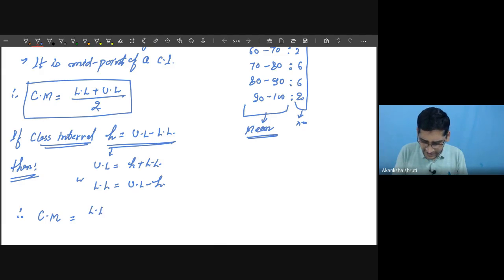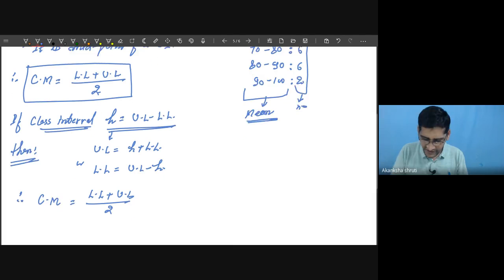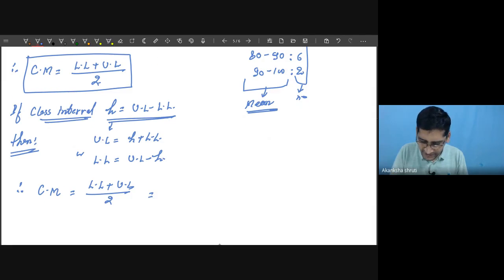So class mark can be written as lower limit plus upper limit by 2. The main formula is this one, but it can be converted in terms of lower limit and the class interval. So the upper limit shall be replaced by h plus lower limit. I have substituted that in place of the upper limit over 2.